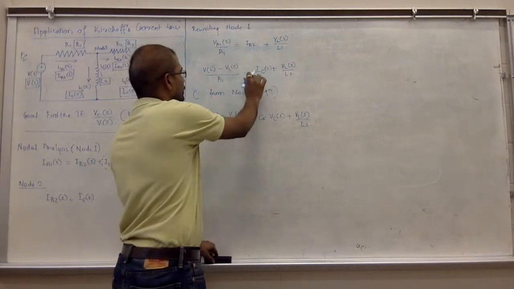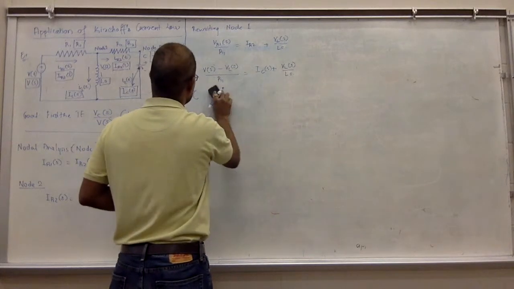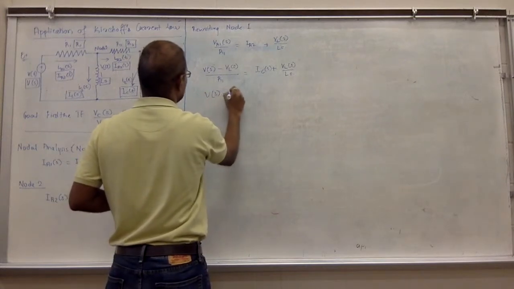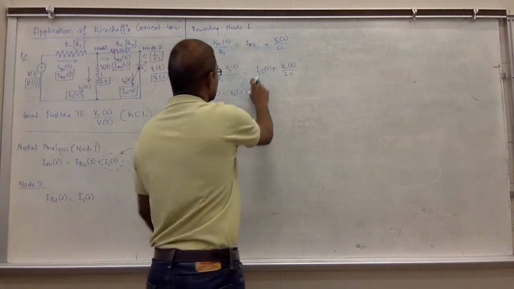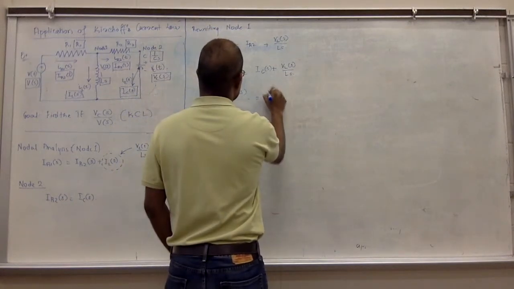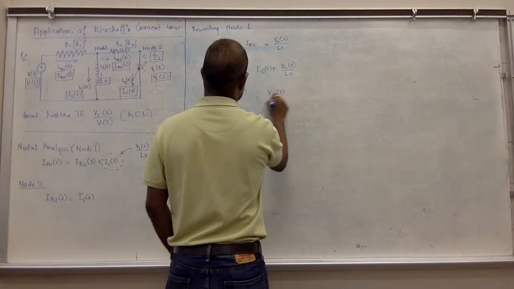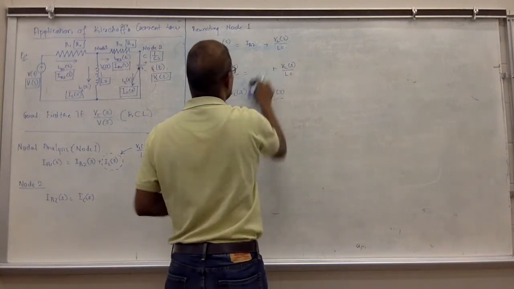You understand this. I'll give you this and you can solve it. So here I can write this as V_S(s) minus V_L(s) divided by R1. This is nothing but V_C(s) divided by, let's keep this as R2.